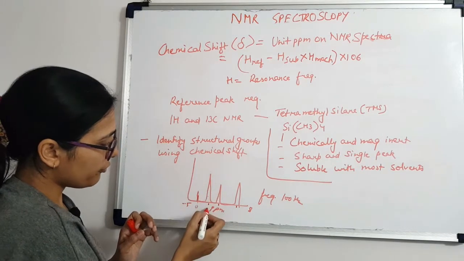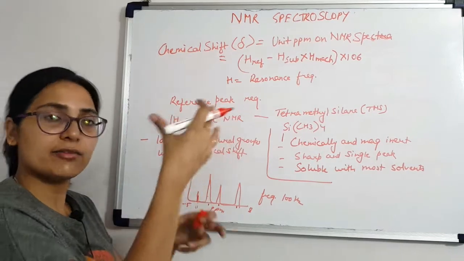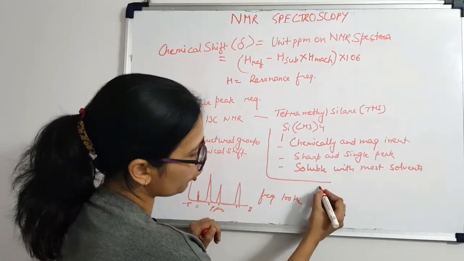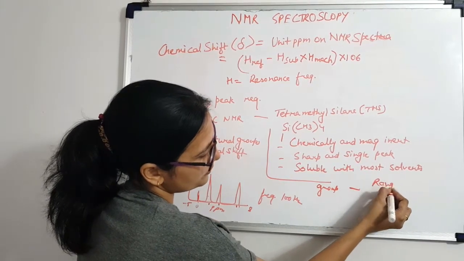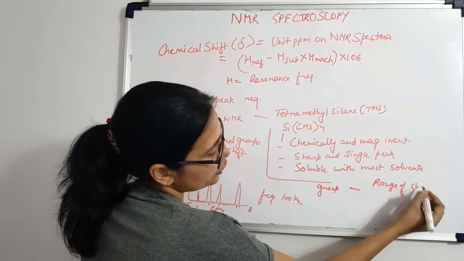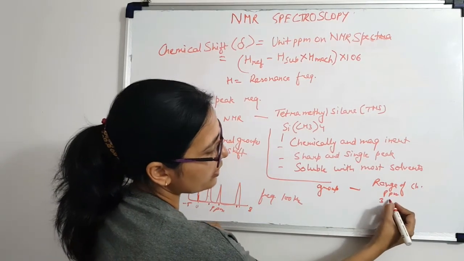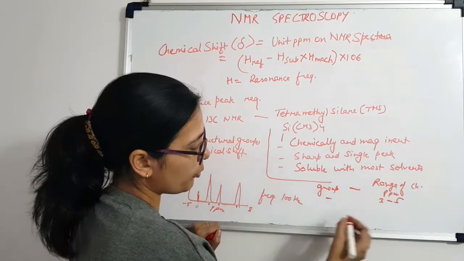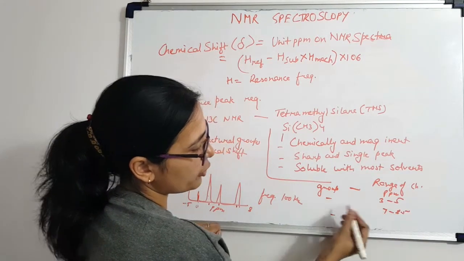Now for both 1H and 13C NMR, you can have a reference list where you have the group and the range of chemical shift. So you have different ranges. For example, you have a range from 3 to 5 for a particular group, or a range of 7 to 8 or 8.5 for a particular group.